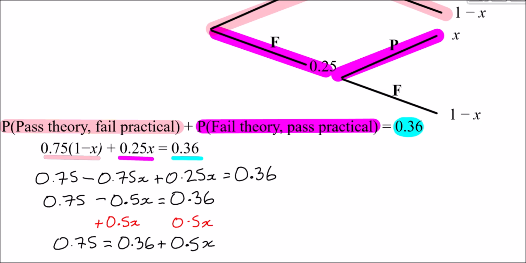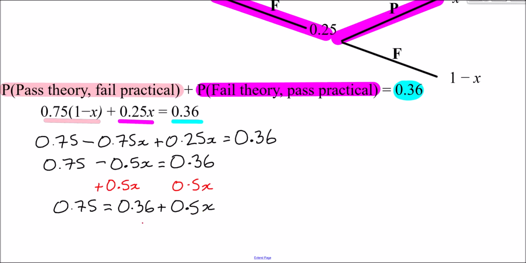So what we can do next is subtract 0.36 from both sides. That then gives us that 0.5x equals 0.75 minus 0.36.